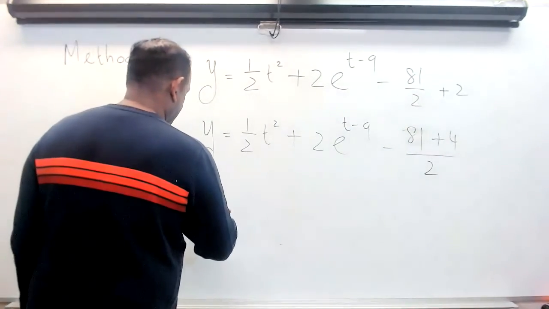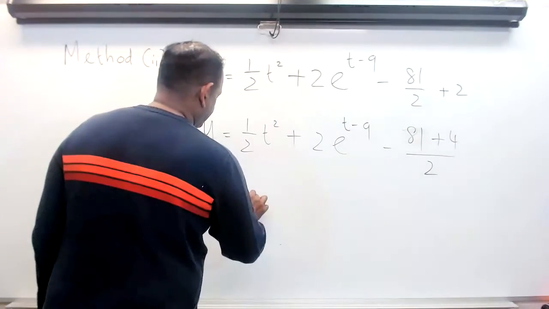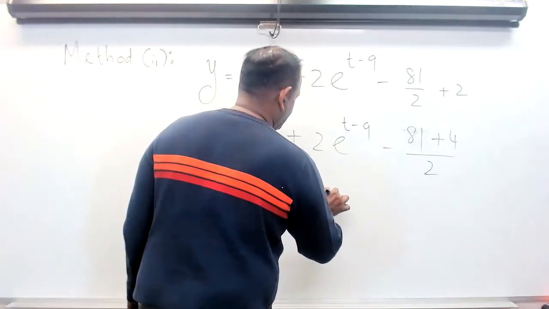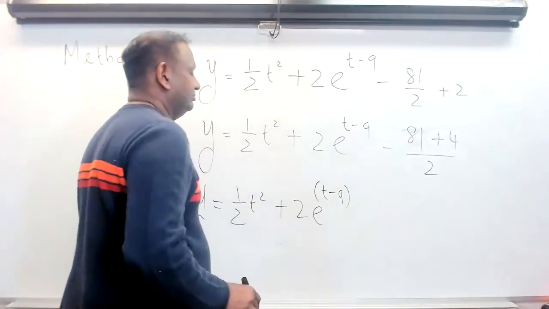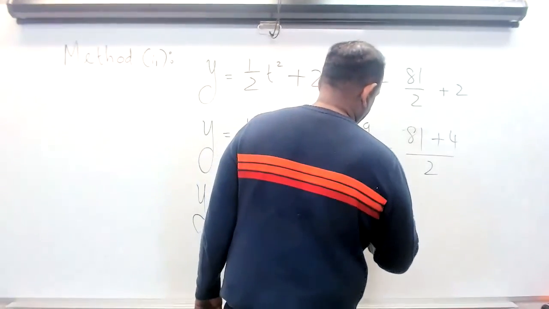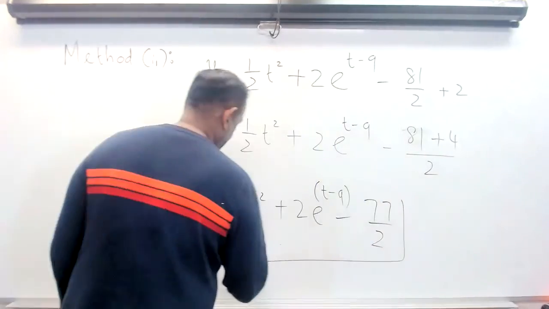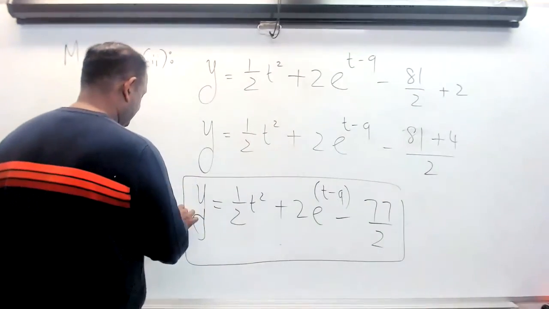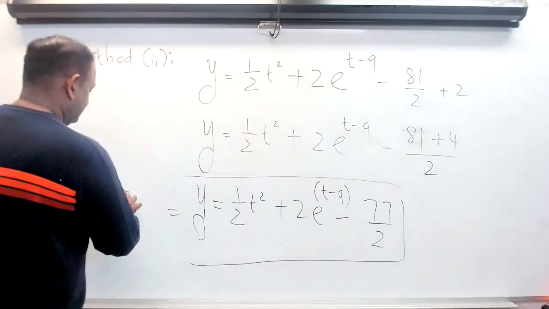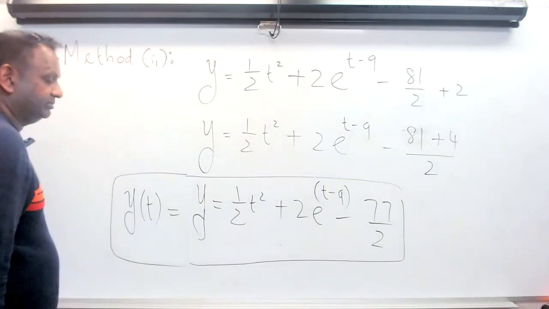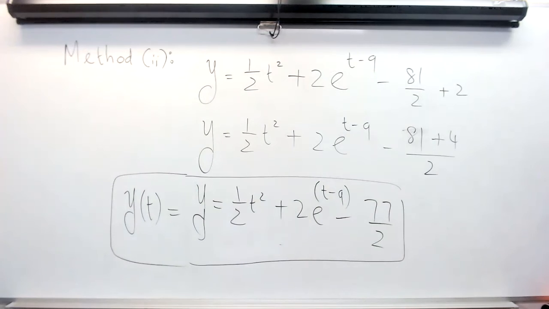So y = 1/2 t squared + 2e^(t-9) - 77/2. y is nothing but a function of t. Very easy.